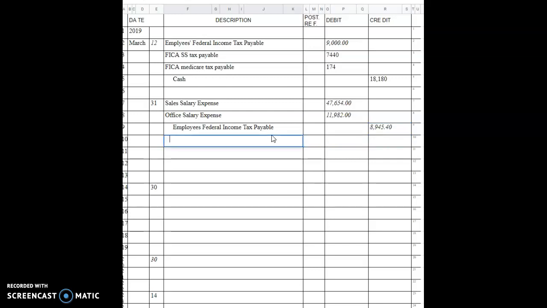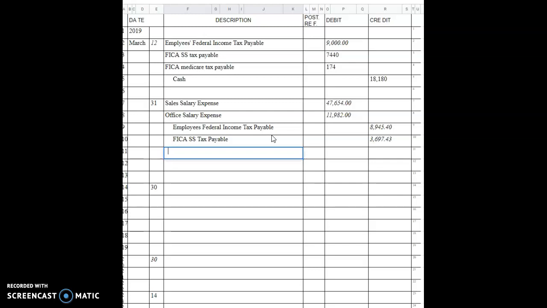I'll space back in about 5 spaces. We'll have our FICA Social Security tax payable. Again, in your book, for the 31st, our FICA Social Security tax deductions were $3,697.43.